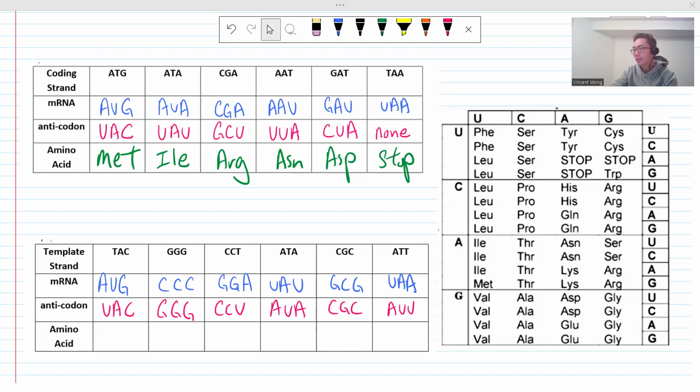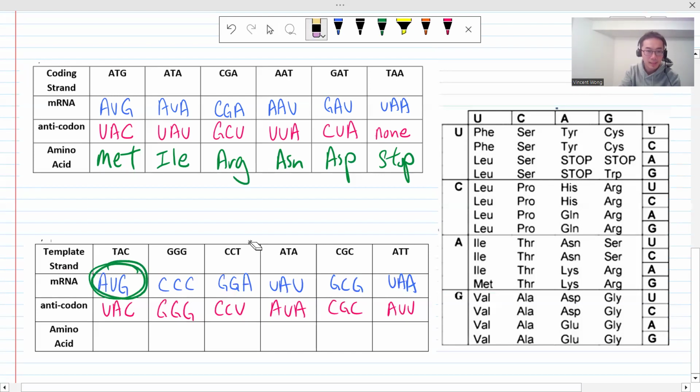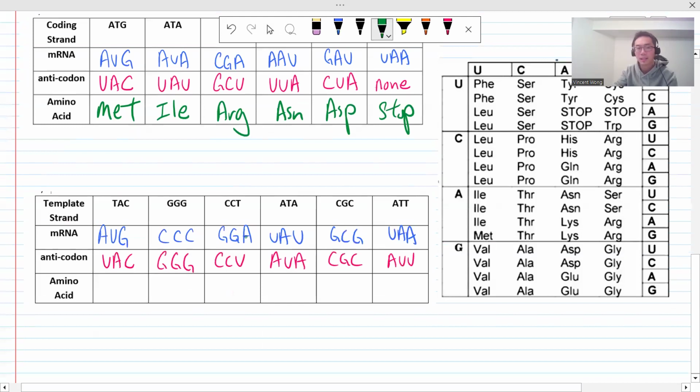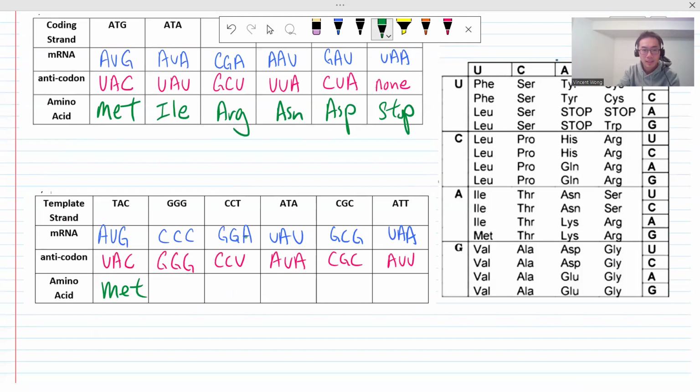SER. The first one is SER. Yes. Remember that you have to look up the mRNA, not the anticodon. Never look up the anticodon. MET. Yeah, and then the next one. PRO. Mm-hmm.